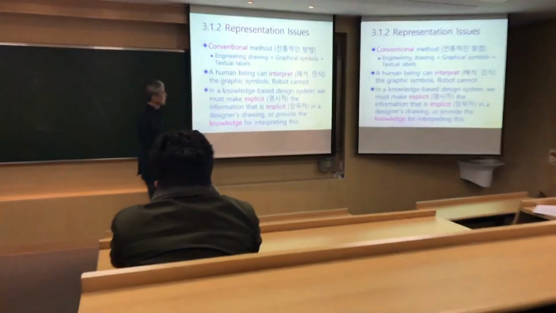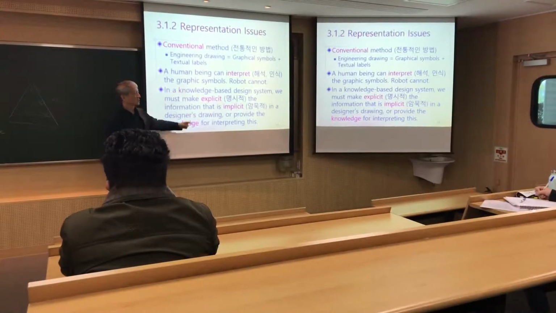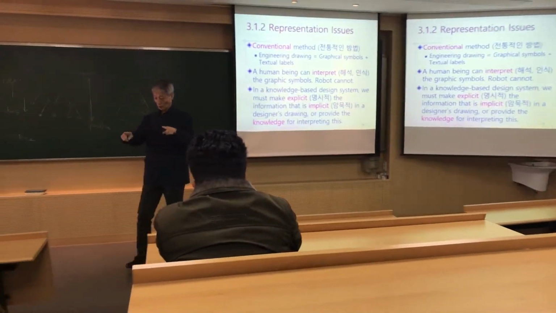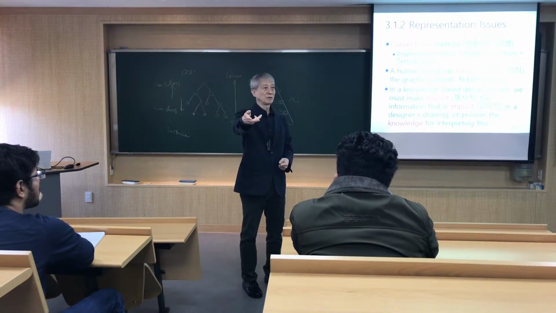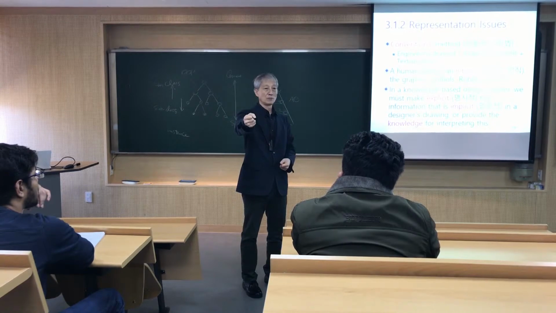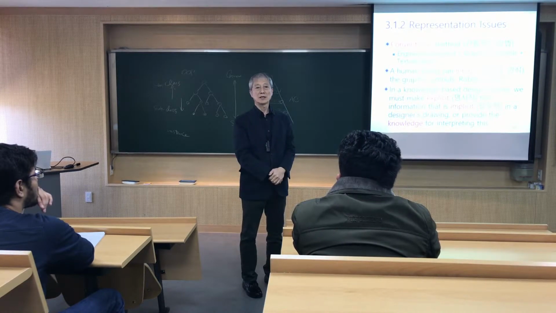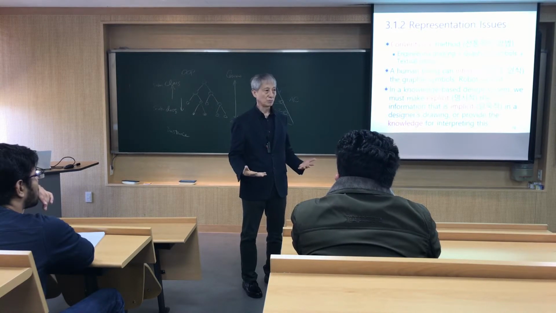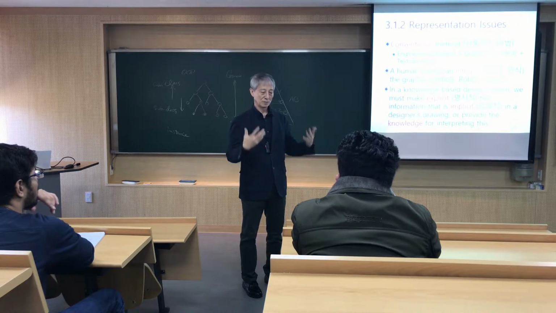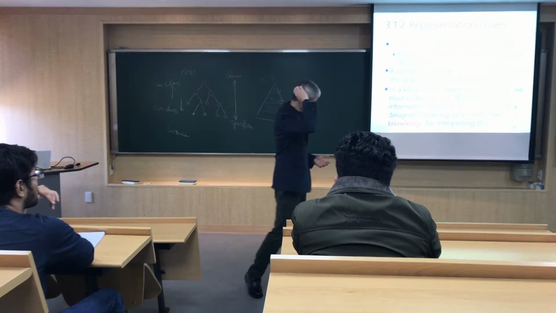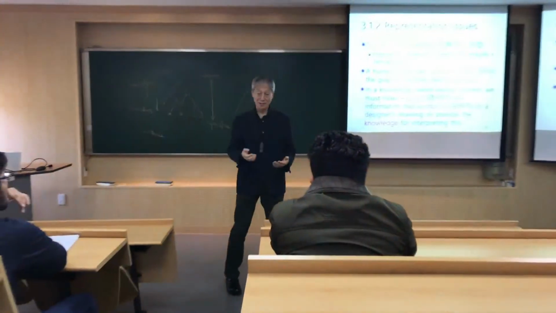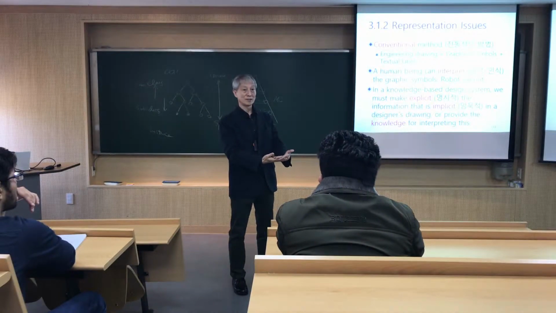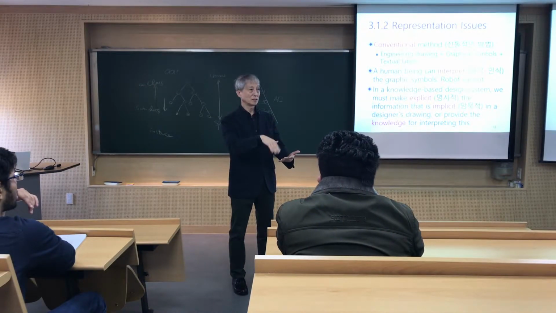Human beings can interpret the graphic symbols, and robots too. In the old days you handed drawings over to the manufacturing floor, and the human engineers in the machine shop had to read that drawing and understand what was intended there.